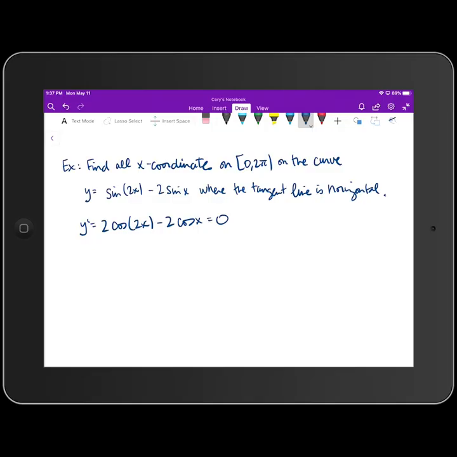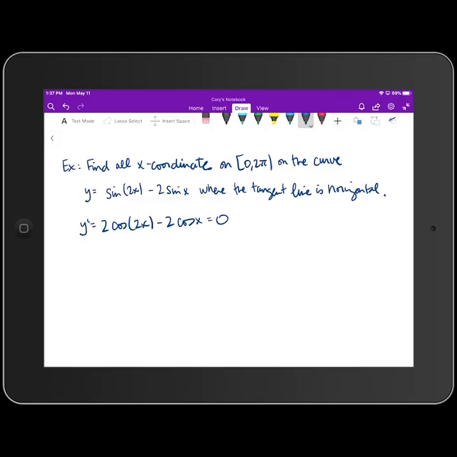So what we have to do is take the first term, the cosine of 2x, and rewrite it using our double angle formulas. Well, we have 3 double angle formulas to use.